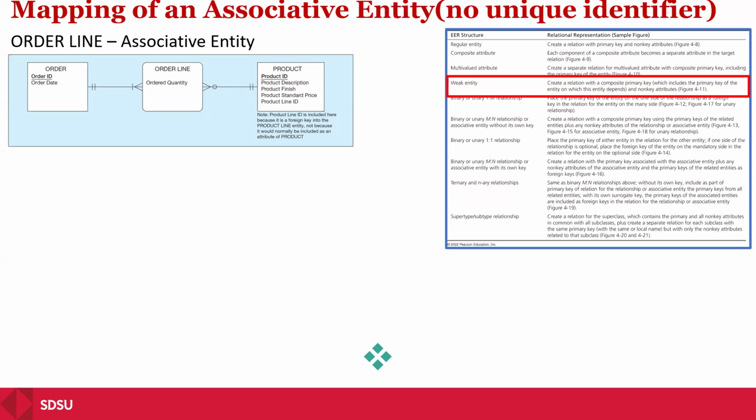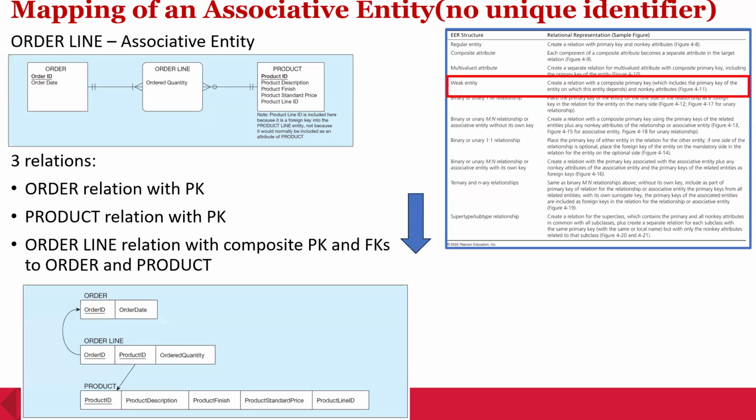So for a weak entity, we will need to create a relation with a composite primary key, which includes primary keys of the other related entities and non-key attributes. So the solution for that case is going to be obviously three relations, one for each entity.